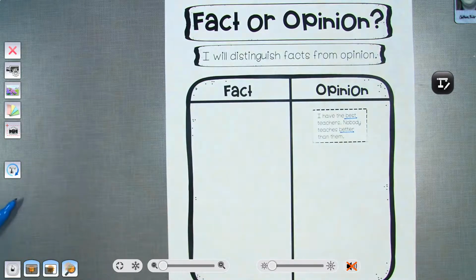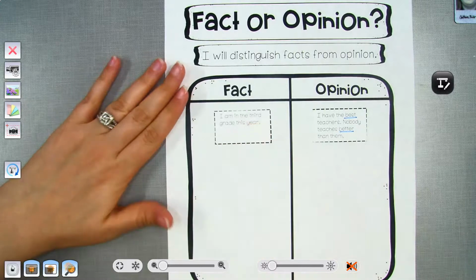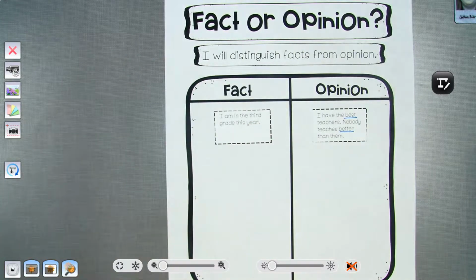Let's look at this next one. I am in the 3rd grade this year. This would be a fact. Because if I were to call and say, is so-and-so in 3rd grade? And the attendance person can say, yes, ma'am, she is in the 3rd grade.